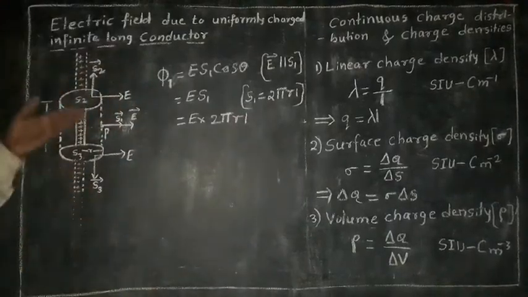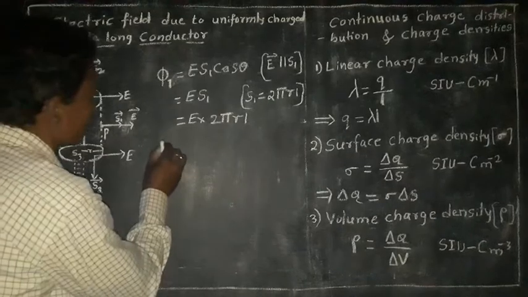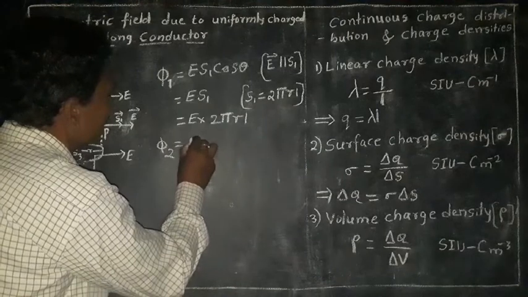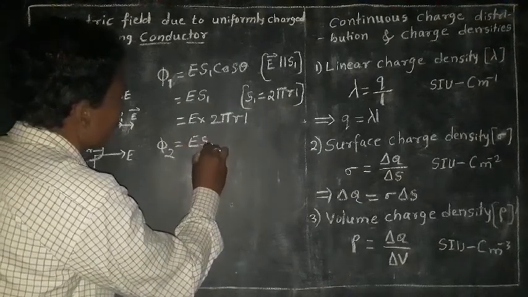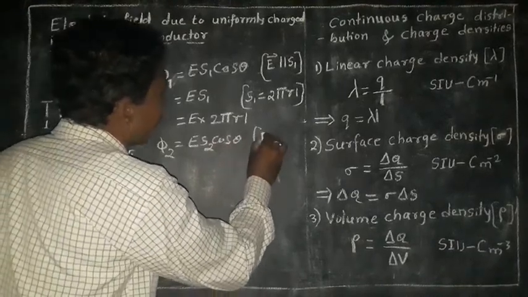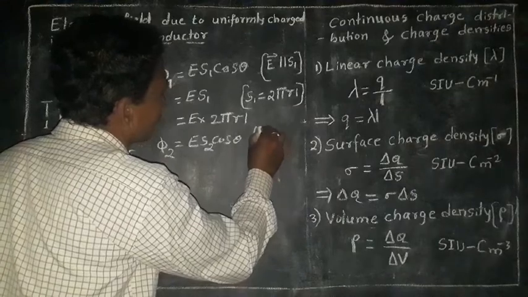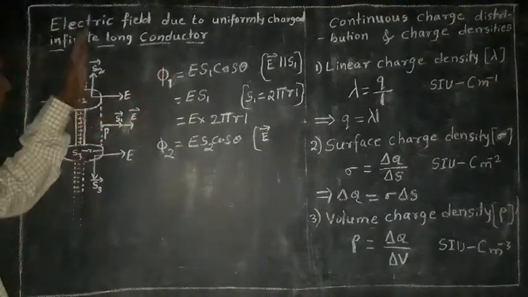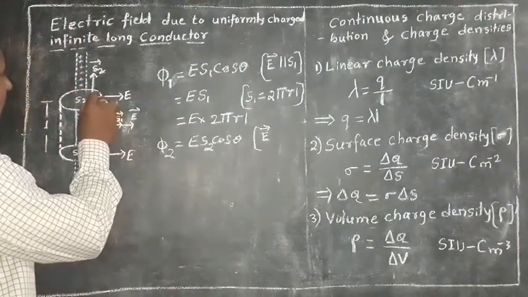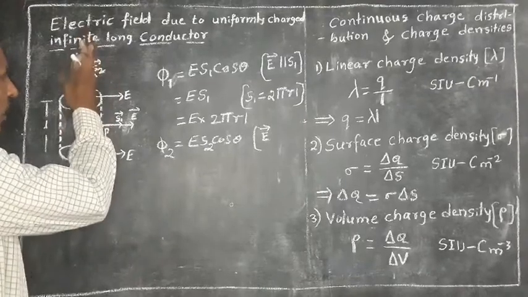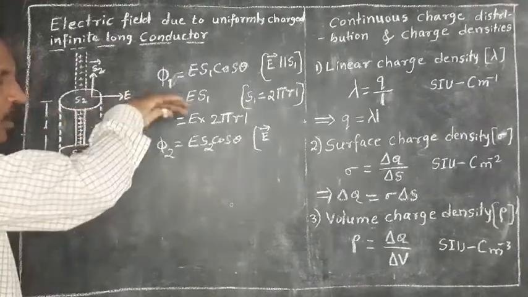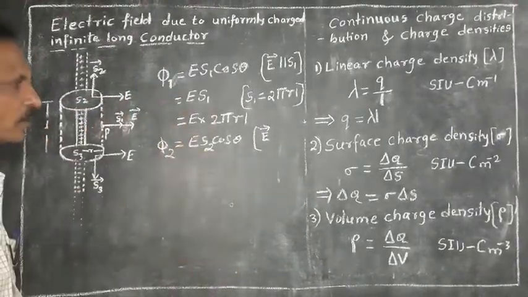Now, the flux through the upper surface S2 is phi 2, and phi 2 is equal to E S2 cos theta. Here, the angle between the electric field vector and the area vector is 90 degrees. The area vector is directed along the outward normal to the surface, and the field vector is horizontal, or parallel to the surface.